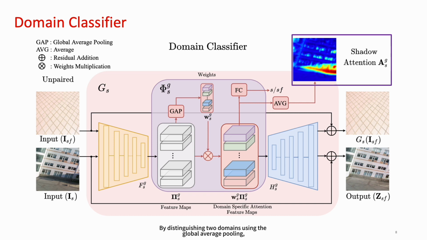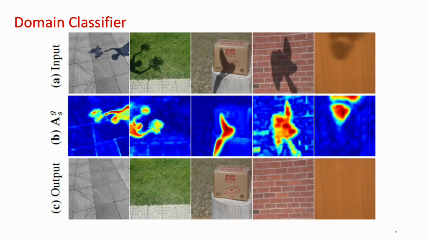By distinguishing two domains using the global average pooling, the domain classifier is trained to learn the importance weights of the feature map. Averaging the weighted feature maps, we obtain an attention map. We show examples of attention maps in B. As can be observed, the attention maps clearly focus on the shadow regions.